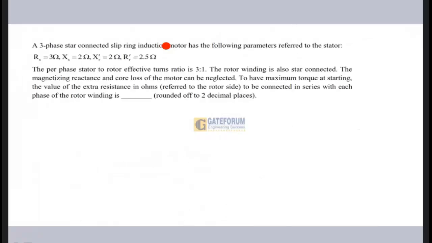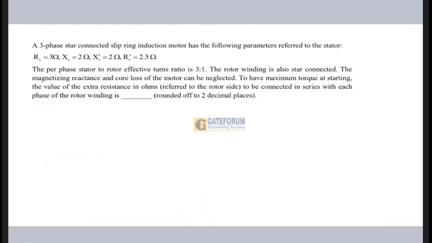Hello students. So this particular question was asked in your electrical machines, in GATE 2024 EE paper. In this question, they are asking that a three-phase star-connected slip ring induction motor has the following parameters referred to the stator.